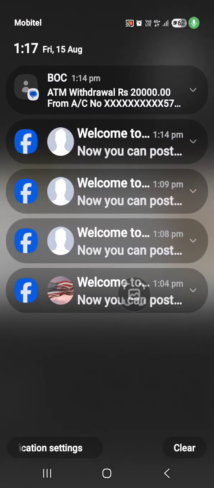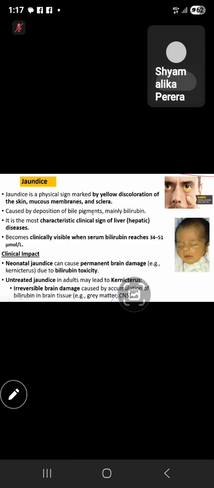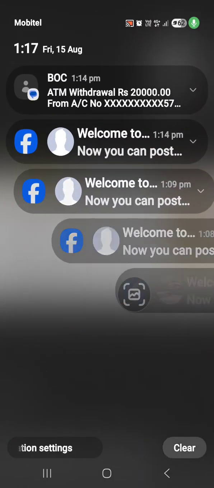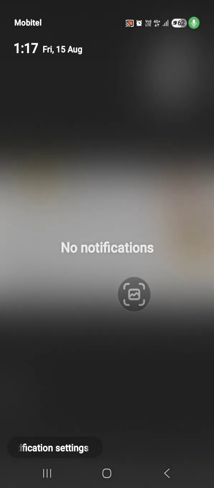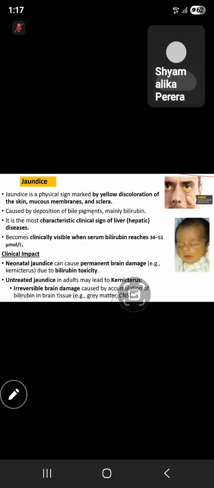If it appears in the neonatal period, just after birth, the excess bilirubin is toxic, and it can pass through the blood-brain barrier. Then it can cause permanent brain damage.